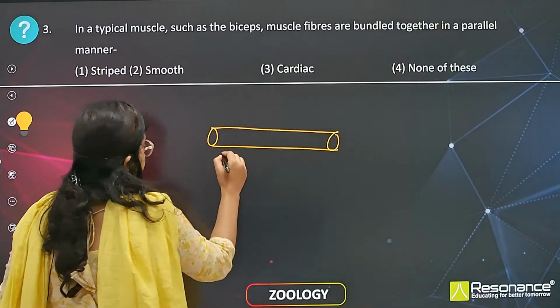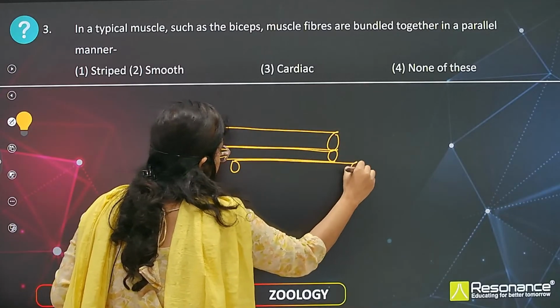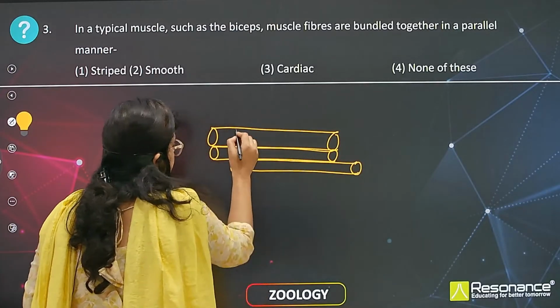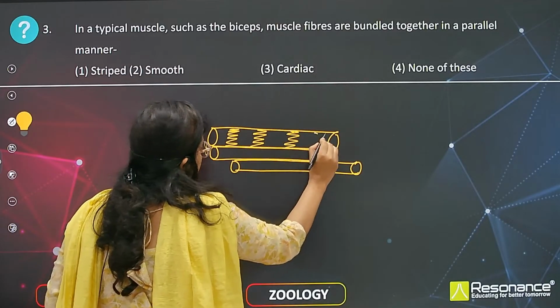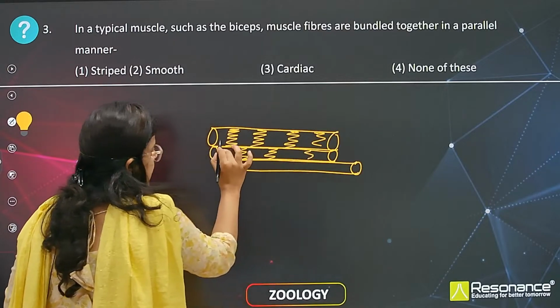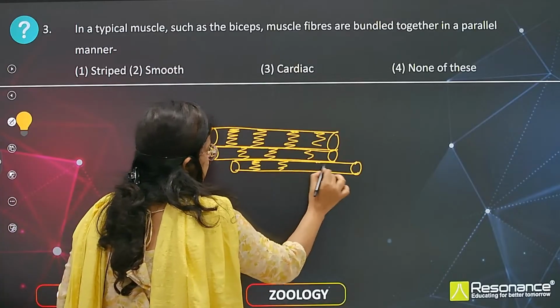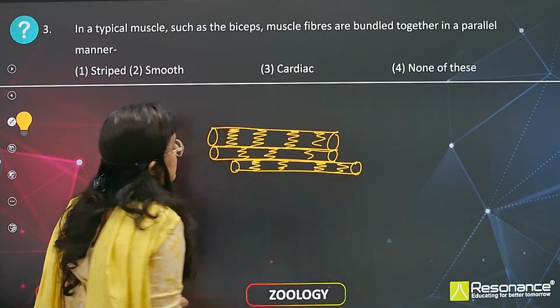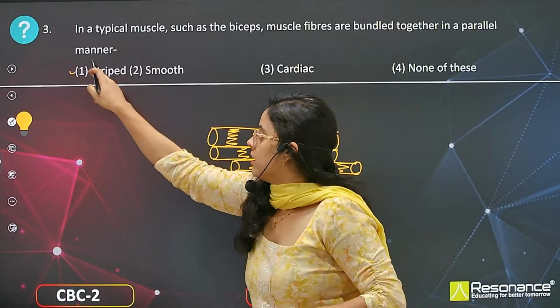They are arranged parallel to each other. They have striations, alternate light and dark bands present on these muscle fibers. So the answer over here is going to be yes.